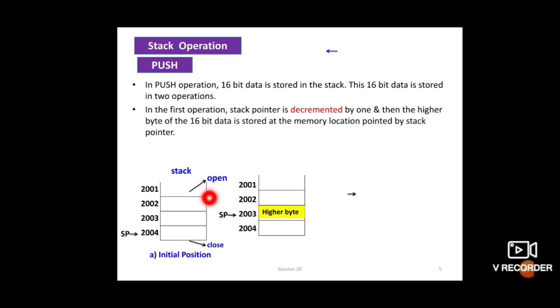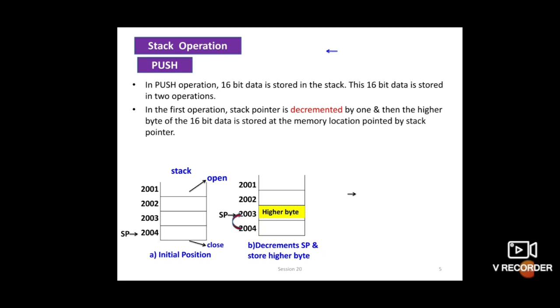The initial position was 2004; after the first operation, the higher byte is stored, then the stack pointer is decremented by 1 and goes to the 2003 memory location. This is the decrement: decrement SP, the stack pointer, and store the higher byte.